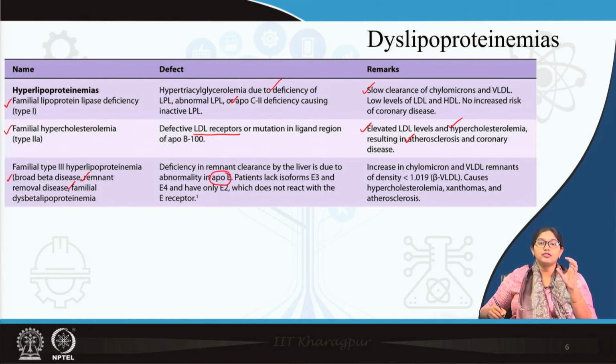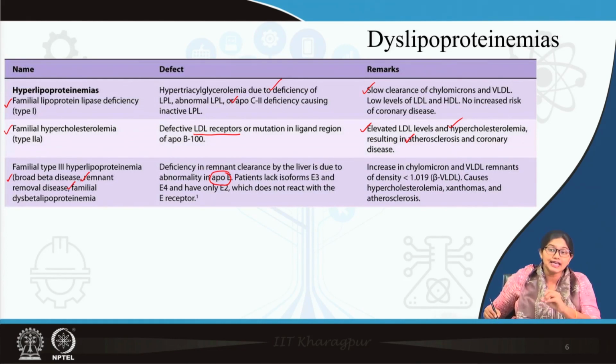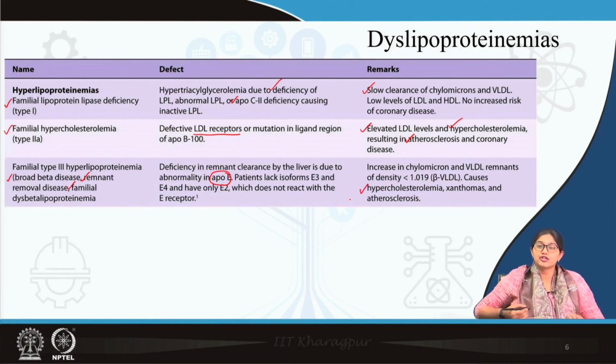Remember, the remnants, VLDL remnant, IDL or chylomicron remnant, were uptaken by receptors that sense ApoE in those remnants. If ApoE is defective, the chylomicron remnant or VLDL remnant will not be uptaken inside the liver. So, there will be more circulating chylomicron and VLDL remnants causing hypercholesterolemia, deposition of cholesterol in skin causing xanthoma, as well as atherosclerosis.